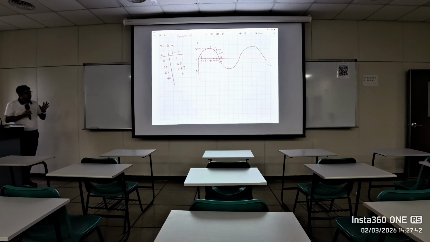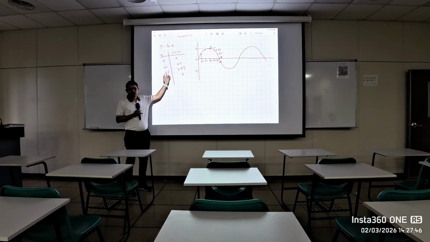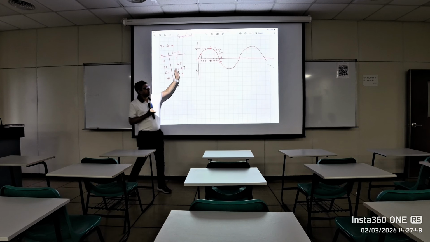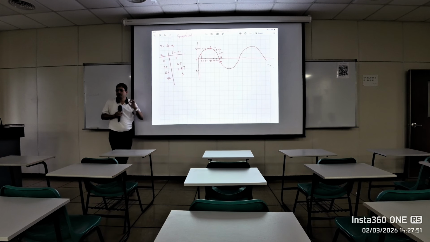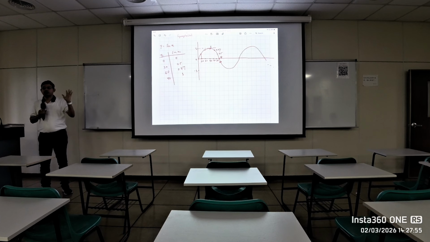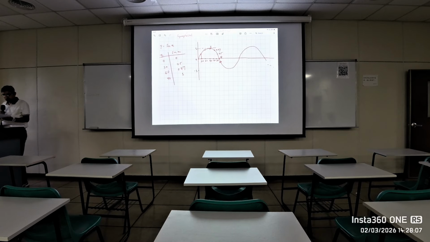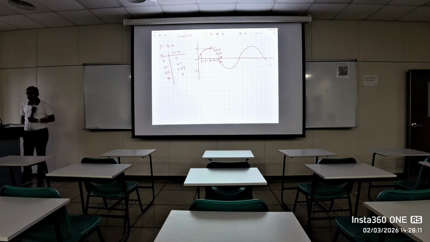So the values we are calculating are the computational values, and the graph we are drawing is the graphical representation. This is how we differentiate computational and graphical. They are interrelated. If they are not exact, they are approximately similar.